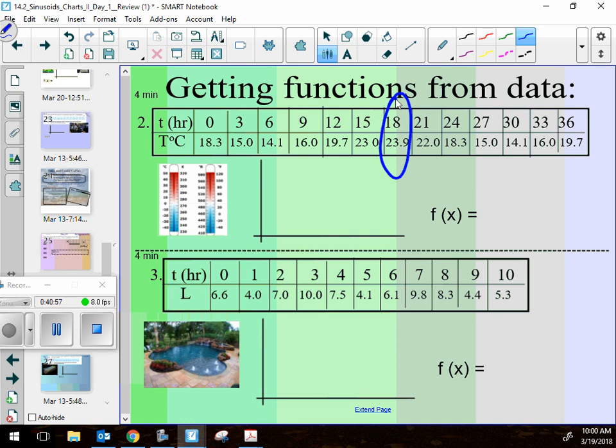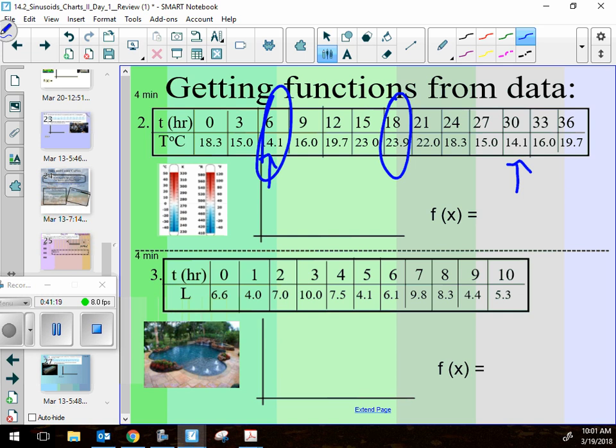And then what's the lowest number you see on the chart? I see 14.1 here and here. Think about it. It's a wave, so it makes sense. It's going to go back and forth. So from this spot to this spot, for instance, there's a low to a high, so to speak. It's just temperatures. It's not tides.